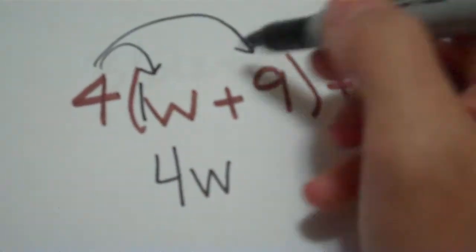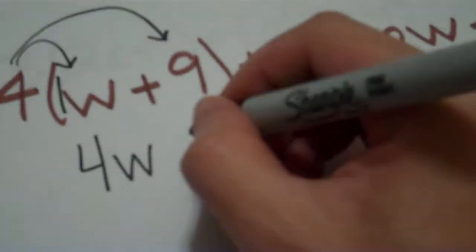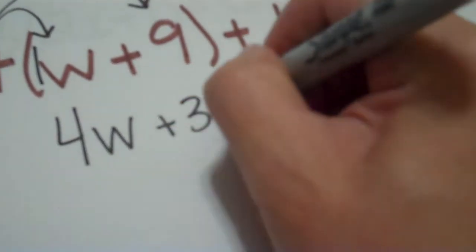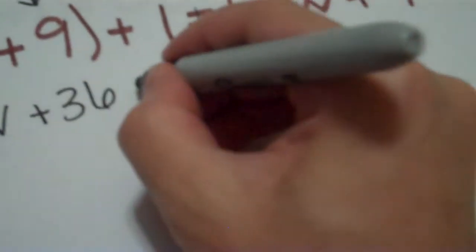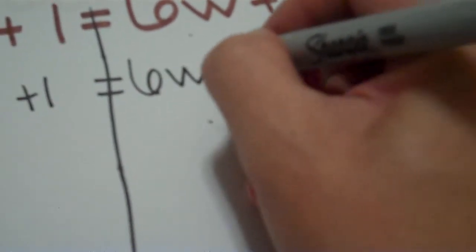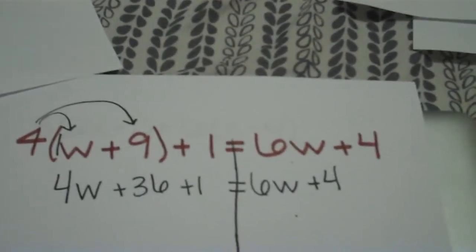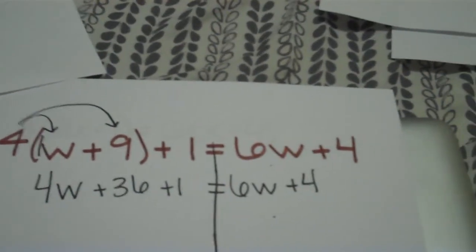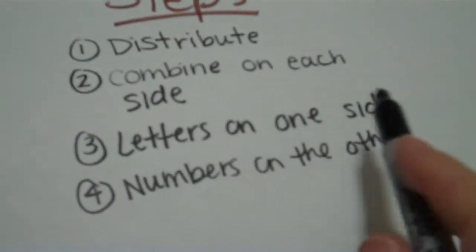And 4 times a positive 9, if you didn't know, is a positive 36. Okay, so I distributed, and then I'm going to rewrite everything else. So I'm going to put plus 1 here, bring down my equals, and then rewrite all this stuff. So all I've done from the brown line to the black line is distribute that first part, which you know how to do. Okay? My second step is combine on each side.